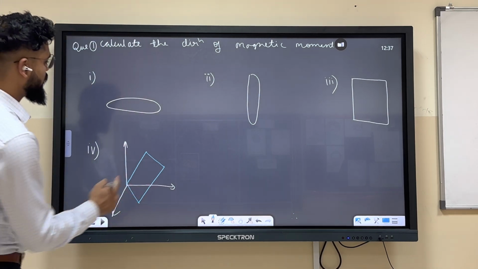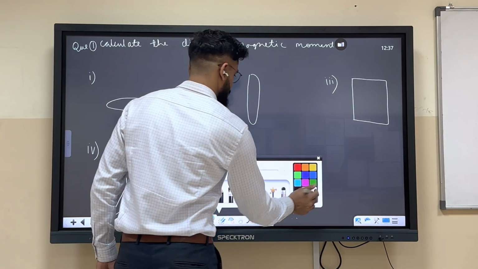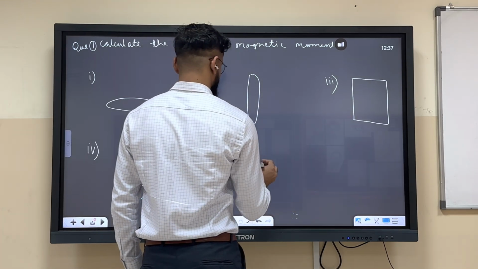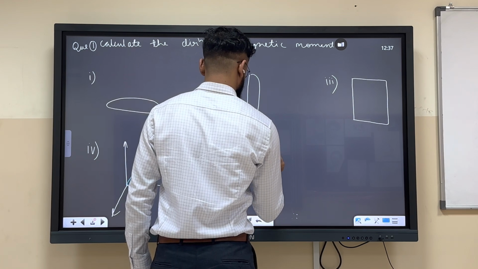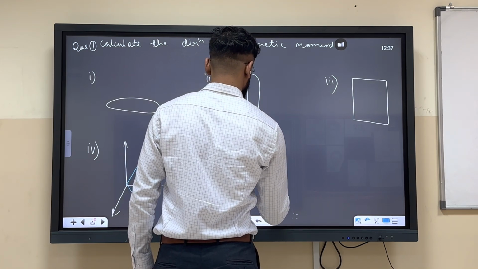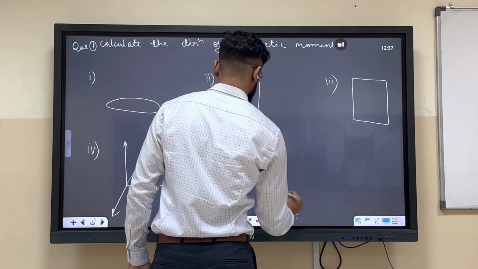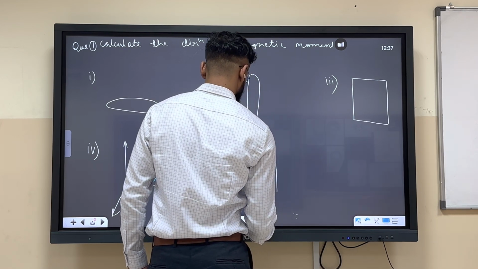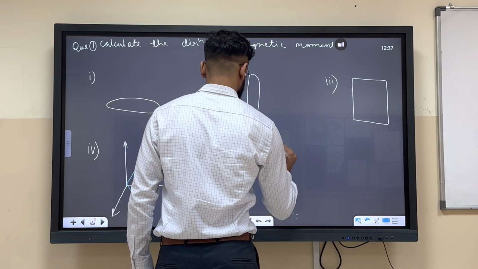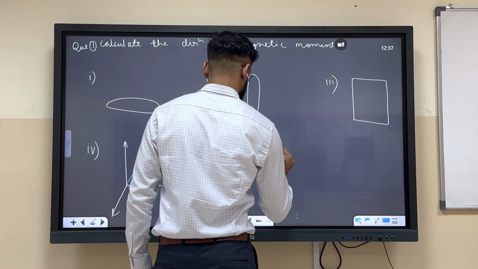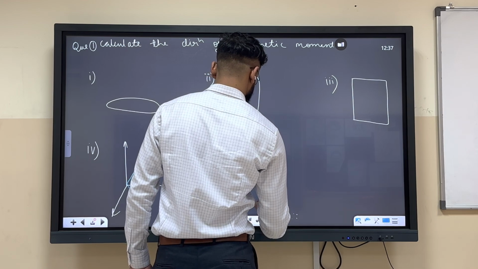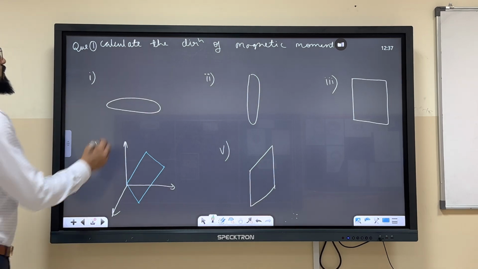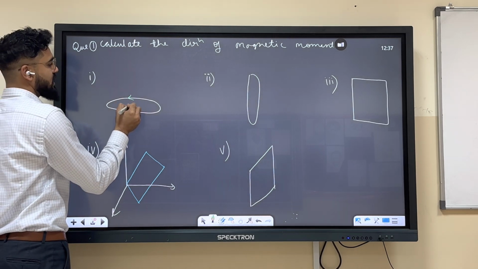Over here the direction of current is in this direction.